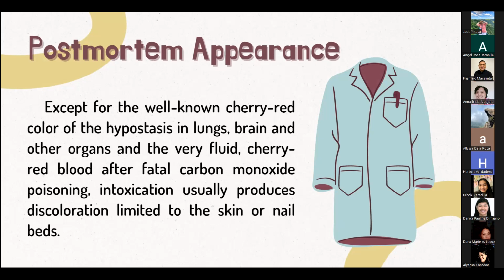So aside from that cherry red color sa lungs mo, sa brain, and the other organs, makikita rin sa skin mo and sa nail beds na may discoloration. So it will not be pink, it will be bluish or purple.